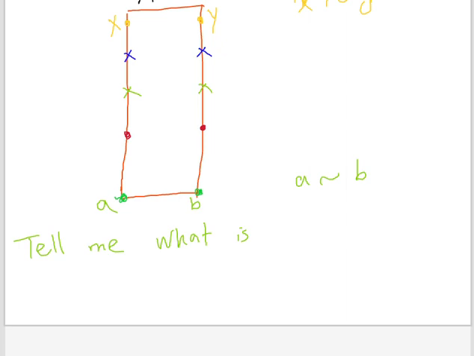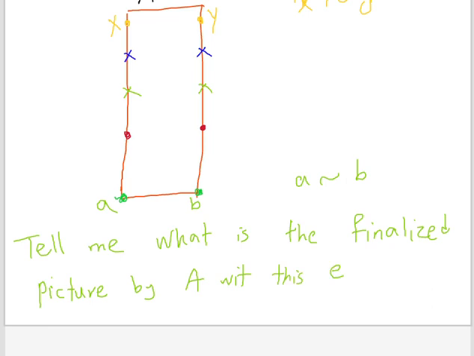What is the finalized picture with this equivalence relation? Anybody, can you tell me?